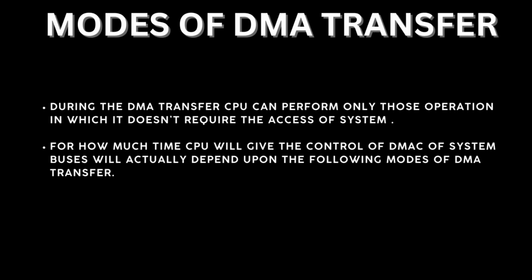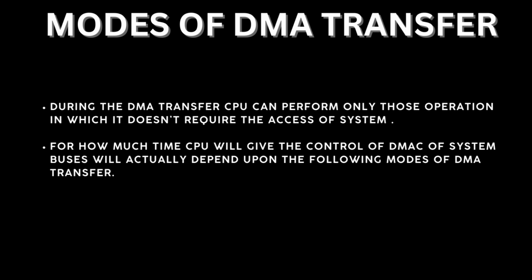Now, after getting some brief idea about DMA and its working, it's time to analyze the modes of DMA transfer. But before that, let's understand why we need to study the modes of DMA transfer. During the DMA transfer, the CPU can perform only those operations in which it doesn't require access to the system bus, which means mostly the CPU will be in a blocked state.